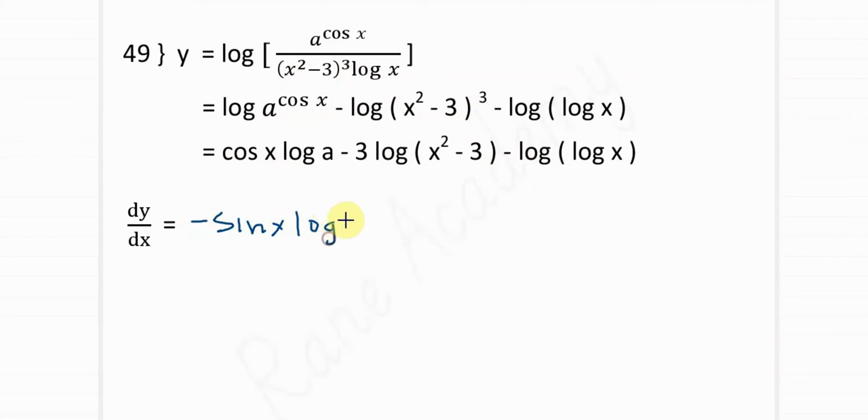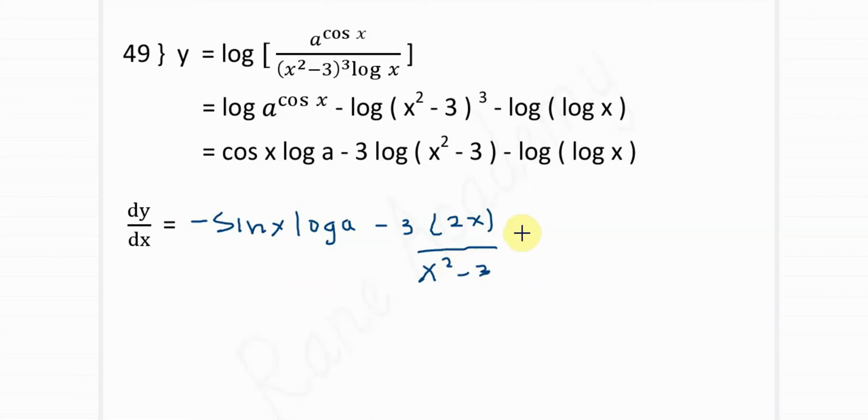In the second term, 3 is a constant, so we keep it as it is. It is minus 3, and log of x square minus 3. The derivative of log x is 1 upon x, so the derivative of log of x square minus 3 is 1 upon x square minus 3, times 2x.